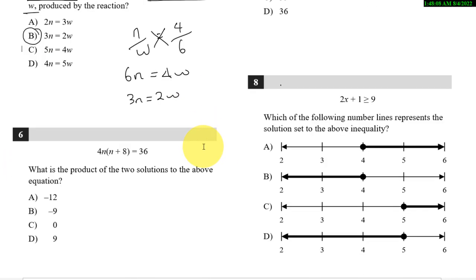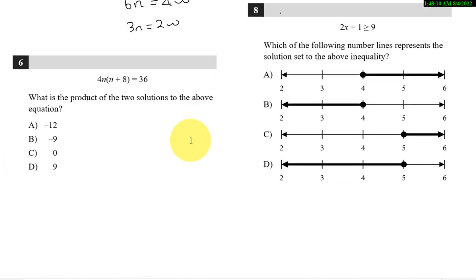Number 6. Number 6 says, what is the product of the two solutions to the above equation? So we know that a quadratic equation has a sum and a product of roots. So what we need to do here is to expand this very expression.